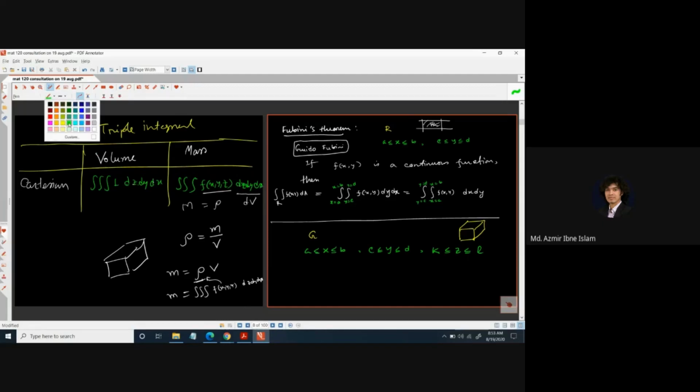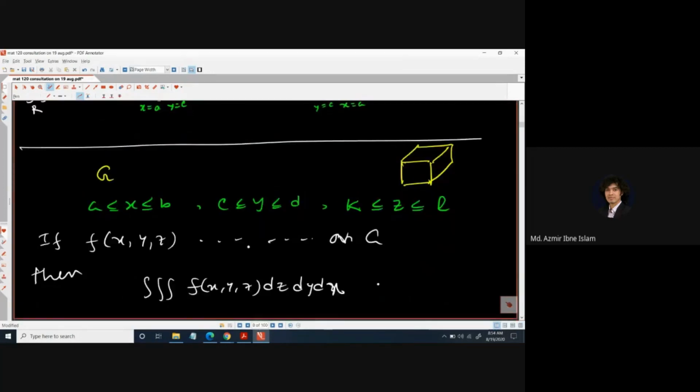Then if we have a function f of x comma y comma z, since it is three dimensions, and f is continuous on G, then the triple integral of f of x comma y comma z, if we maintain the order dz dy dx.